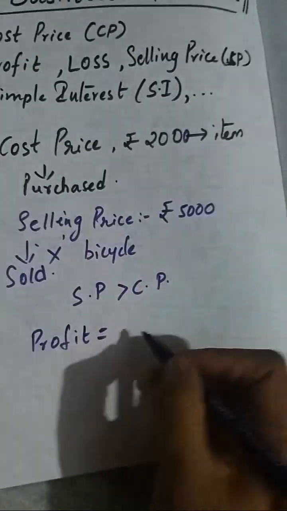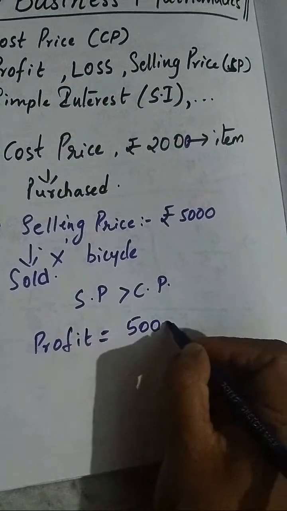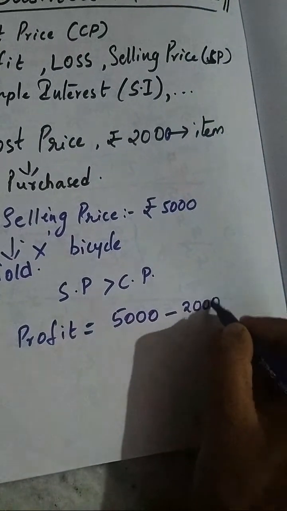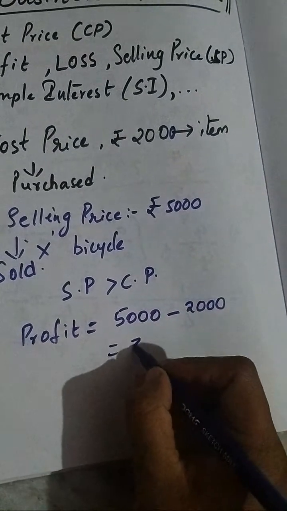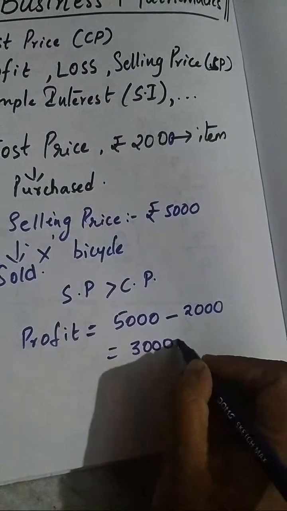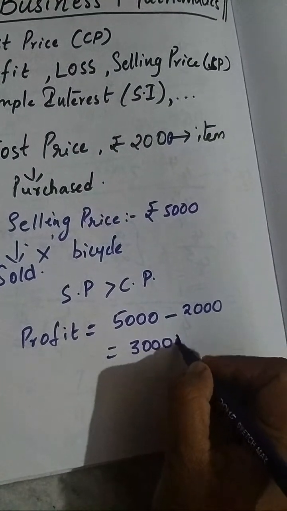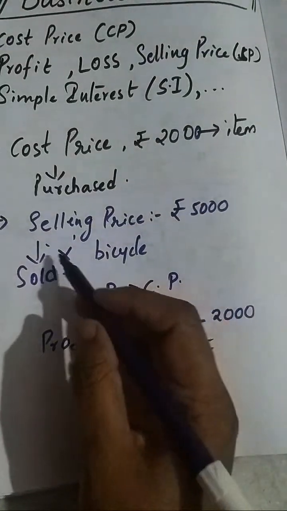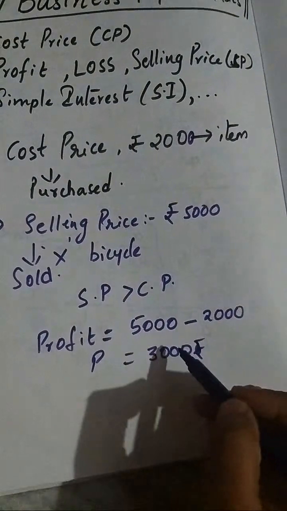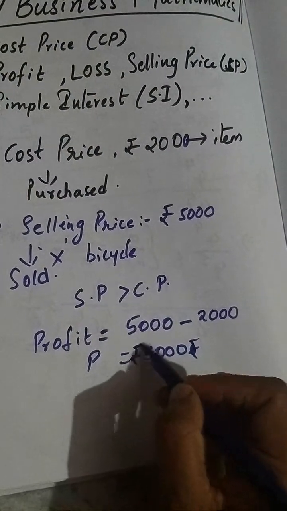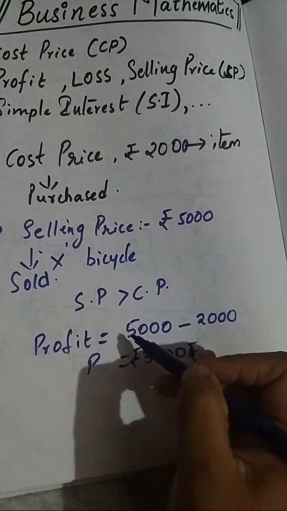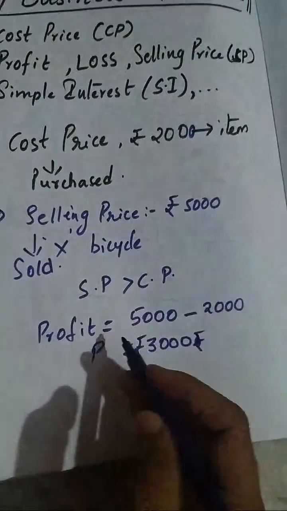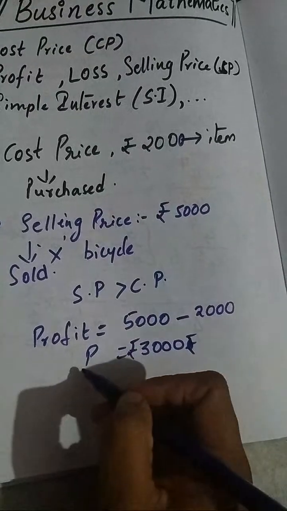Selling price 5000 minus cost price 2000 rupees gives 3000 rupees, which is the profit. X got a profit of 3000 rupees, because he sold at 5000 but purchased at only 2000.